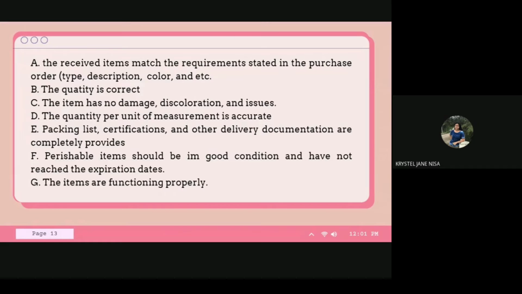Letter C. The item has no damage, discoloration, or issues. Letter D. The quantity per unit of measurement is accurate. Letter E. Packing list, certifications, and other delivery documentation are completely provided. Letter F. Perishable items should be in good condition and have not reached the expiration dates. Letter G. The items are functioning properly.